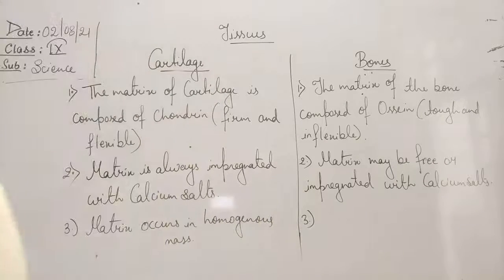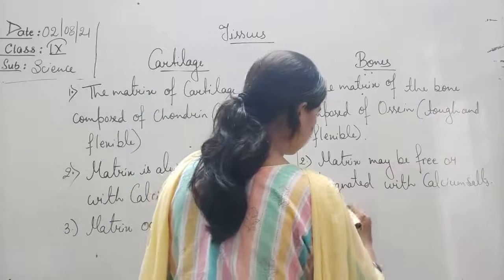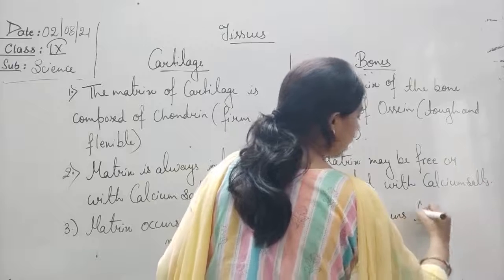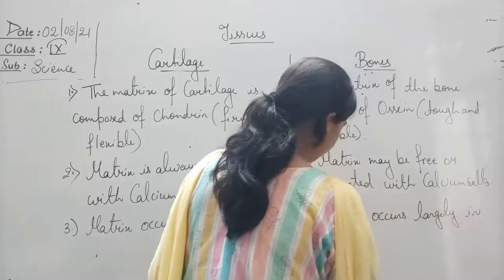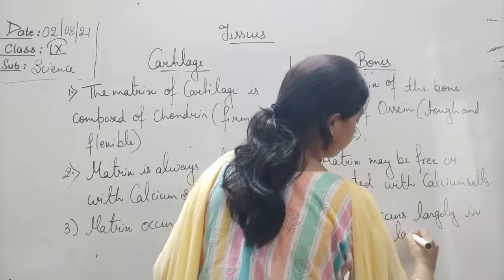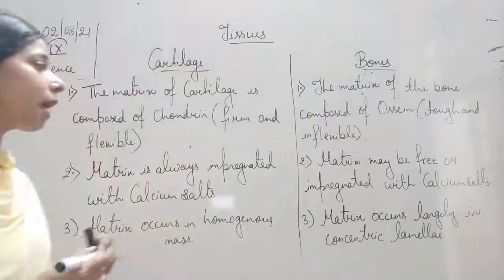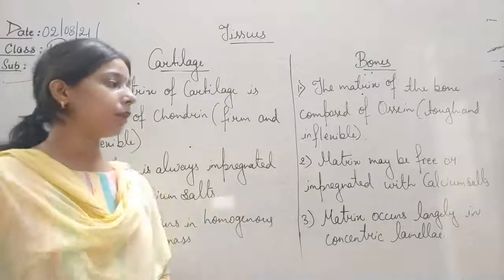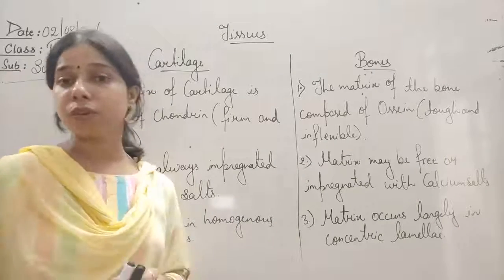It is not in a homogeneous mass. So the matrix occurs largely in concentric lamellae. So the matrix of the bones may be free or with a calcium salt, but it is always in the concentric lamellae.